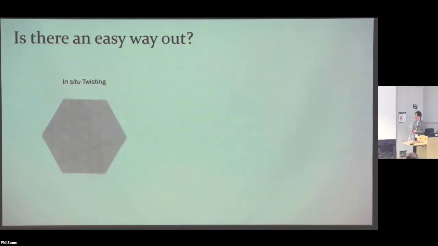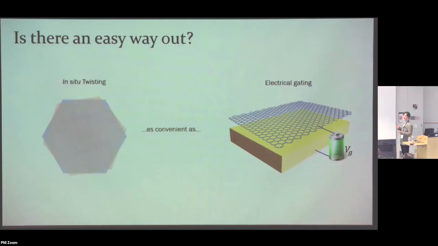And can we do this in a way so that the twisting can be made as simple as electrical gating, okay? So just put a gate voltage, put some voltage, and you can just rotate 2D materials. At the same time, I want to have the advantage of having a high quality interface being versatile, meaning that I can perform more than one type of experiment.